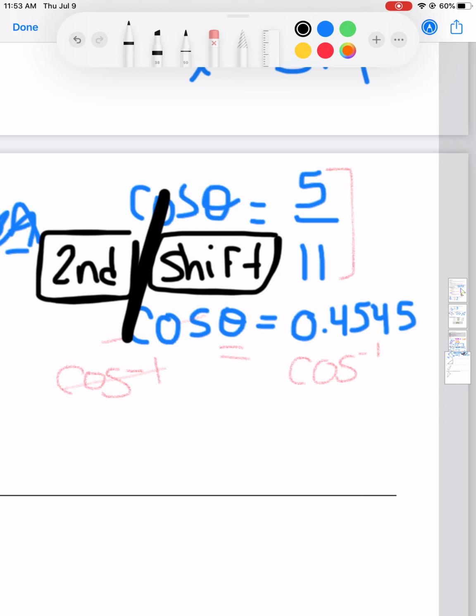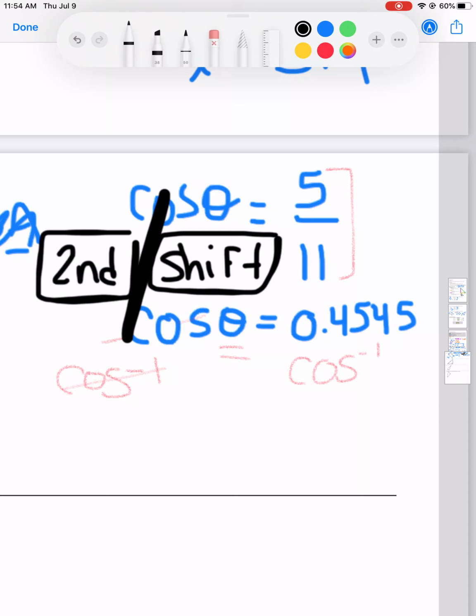Then you type cos. Your calculator should have cos to the minus 1 in the same color as your second or shift button. That's what it's like with mine anyways. If you're having trouble with this, send me a picture of your calculator and I can go through it with you.